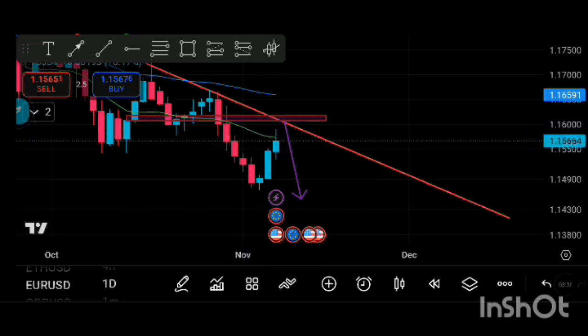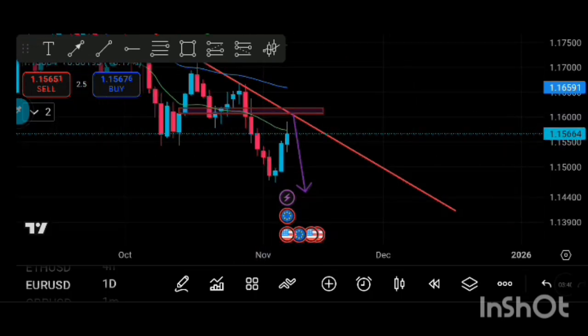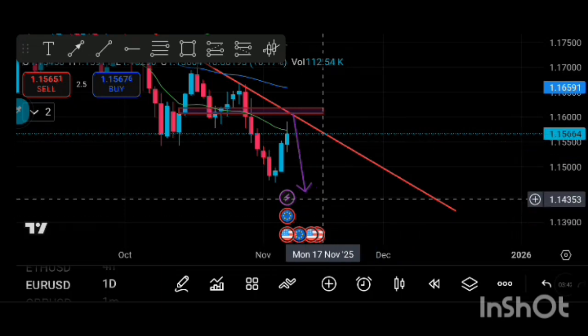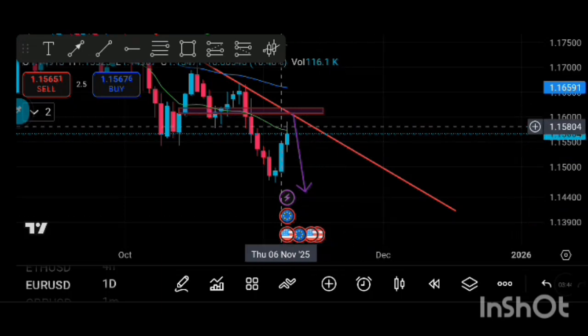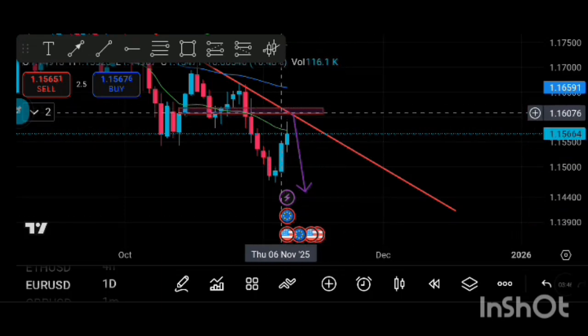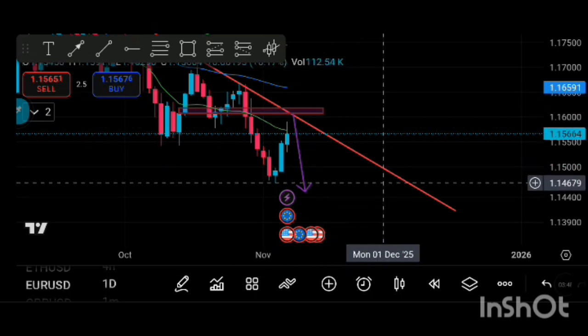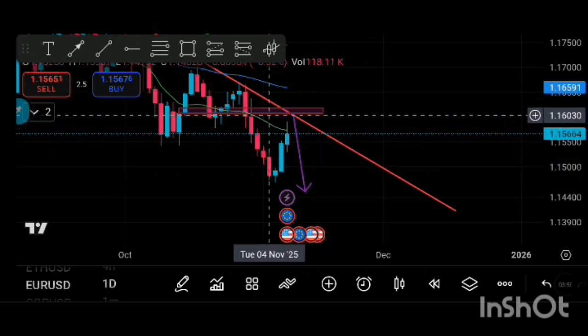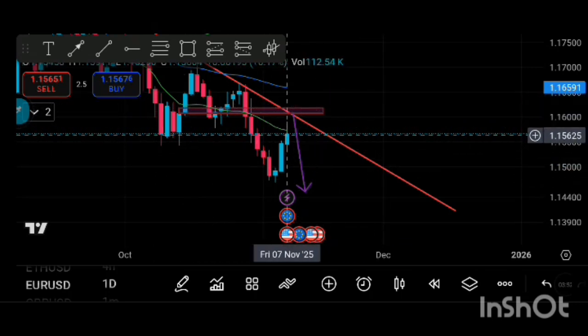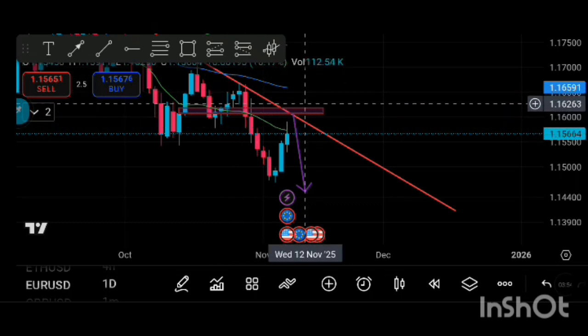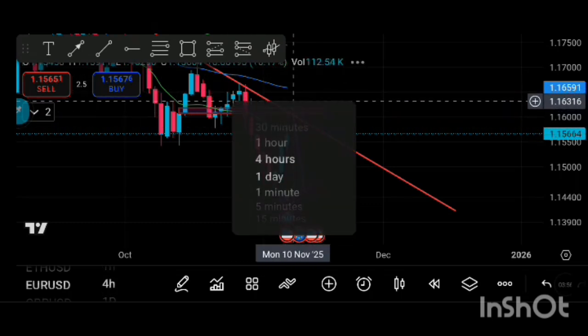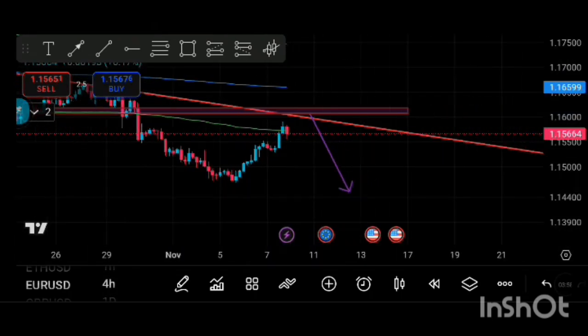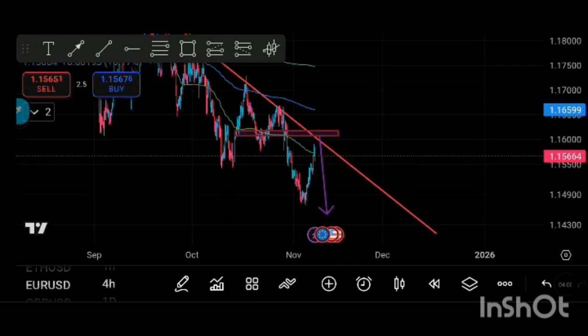You understand? So there's a more likely possibility that price can come down. So we see it by the resistance trend line, and also by the VWAP standard deviation. So yeah, that's one thing that I wanted to show you.